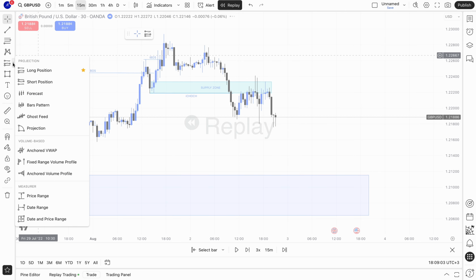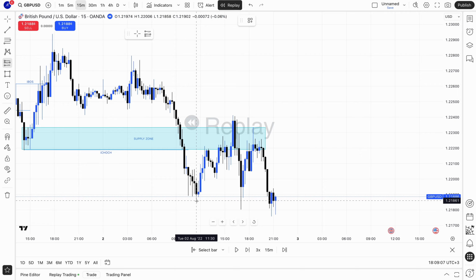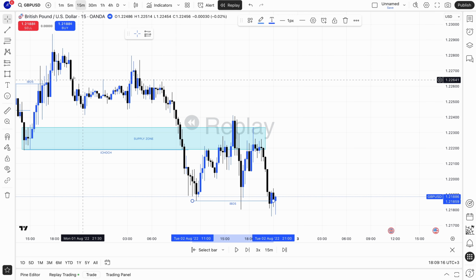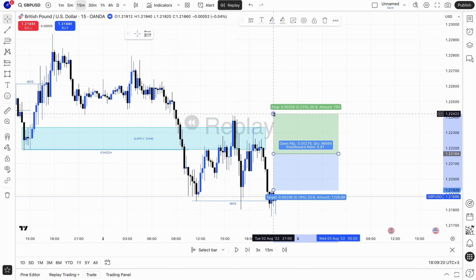Then we need to go to 15 minutes for our entry. The last sell candle. Like I said, it also has a break of structure to the downside. But still you have to take this trade of ours. Our stop loss just here.